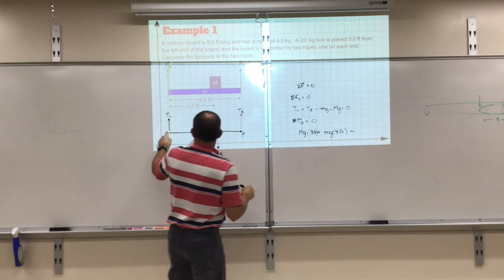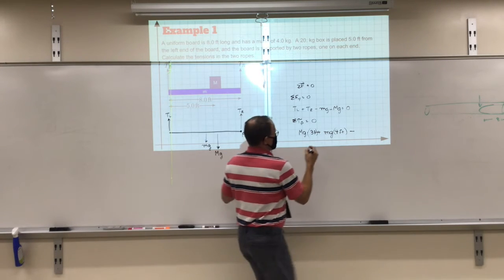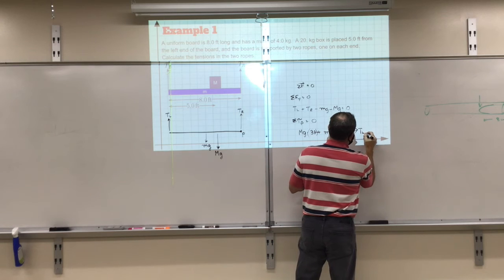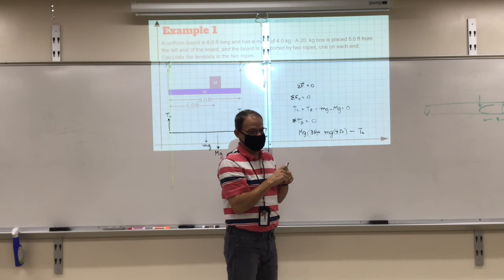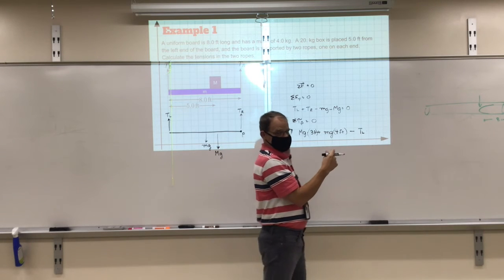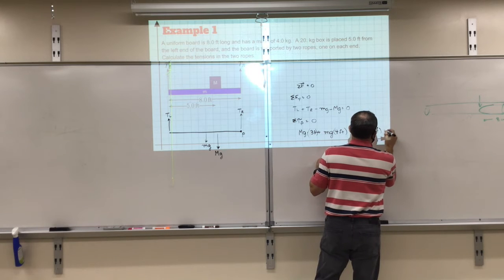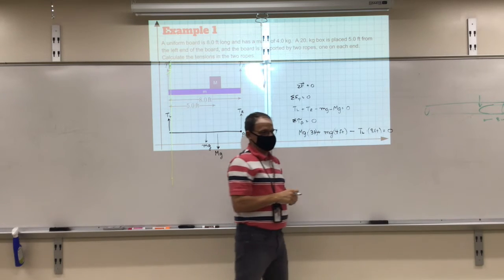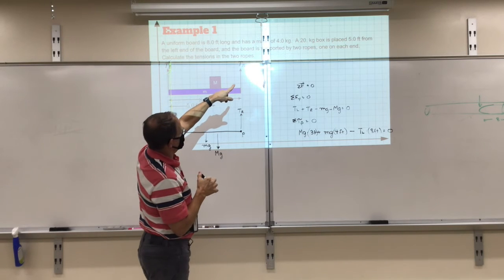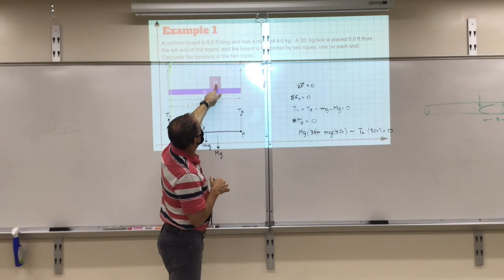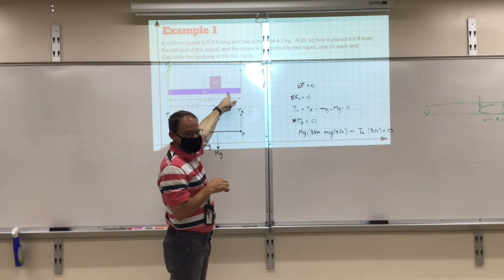Minus, see now this one here tends to rotate it in the counterclockwise direction. So minus the tension on the left times how far does that act from the pivot? 8, right? Times 8 feet. That's all got to add up to 0. Now, since I tell you the masses, a 20 kilogram box is put on the left end of a board, the mass of the board is 4 kilograms.